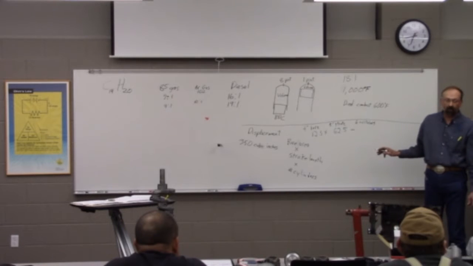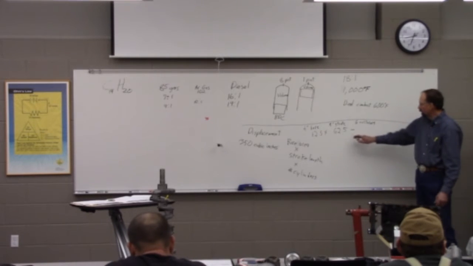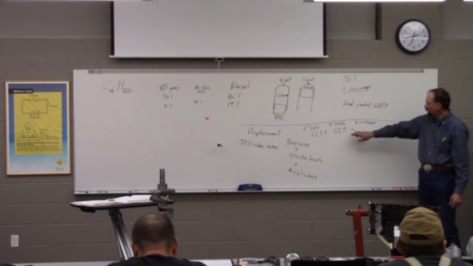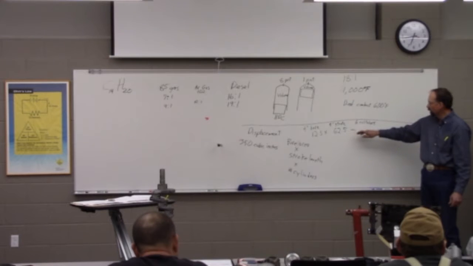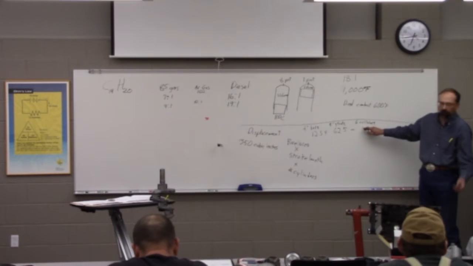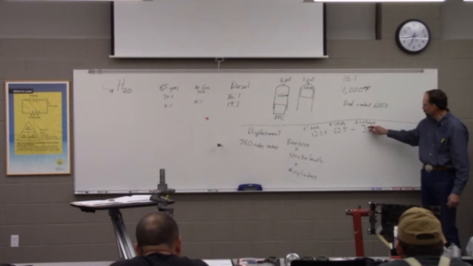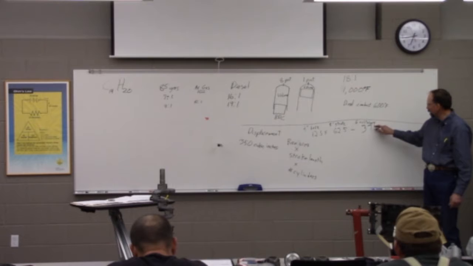I think it's a little more than that, because 62.5 times 6, well, if it was just 60, we'd be 360. So what are we looking at? About 370 something? Okay. And that's in cubic inches.